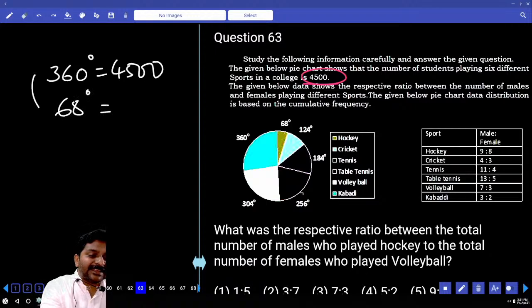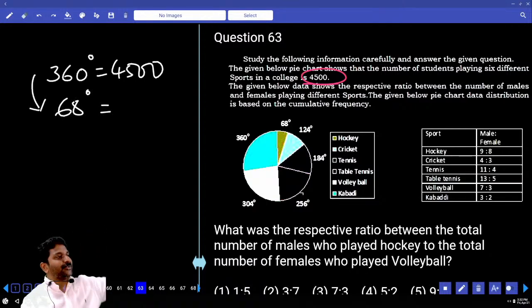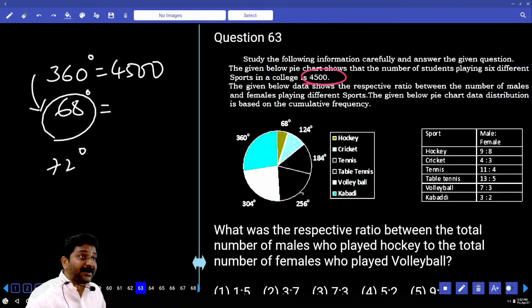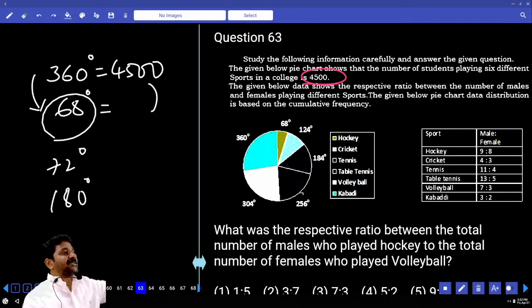If this 68 is directly compared with respect to 360, like if it is 36 or if it is 72, in place of 68, if I have 36 degrees, I can say 10%. If you have 72 degrees, I can say 20%. If you have 180 degrees, we can say 50%. And respective percentages can be calculated even on right hand side.